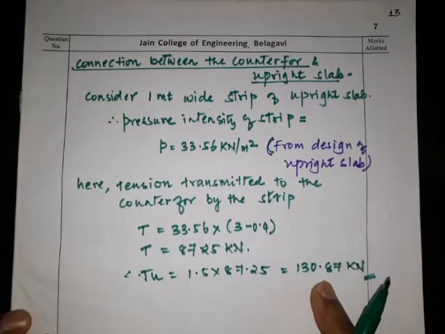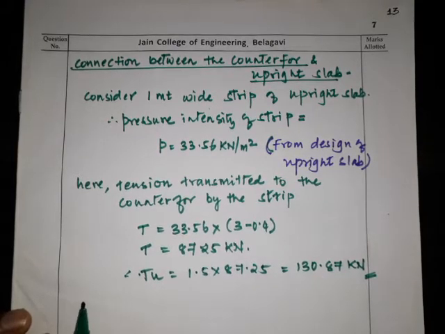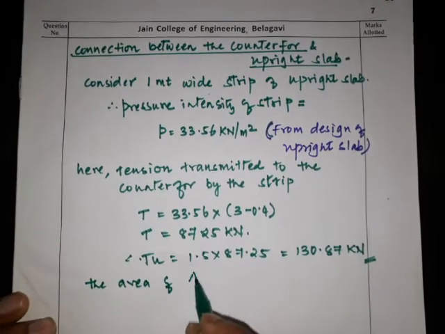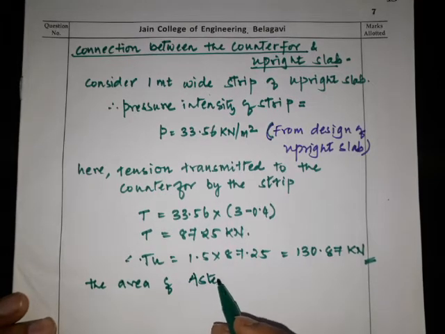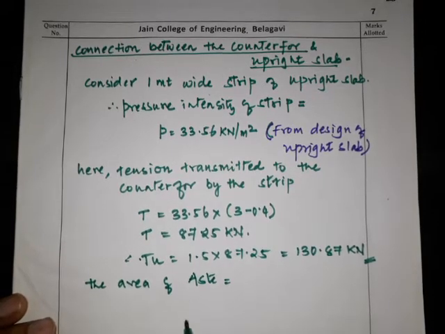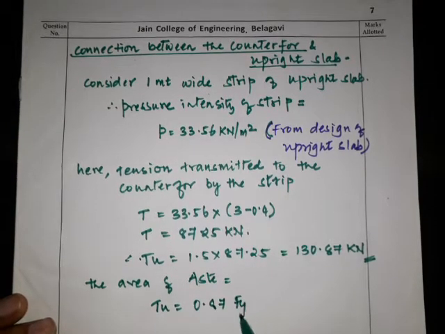Once you get the total tension, you can easily find the area of steel, AST, by equating TU is equal to 0.87 Fy AST.